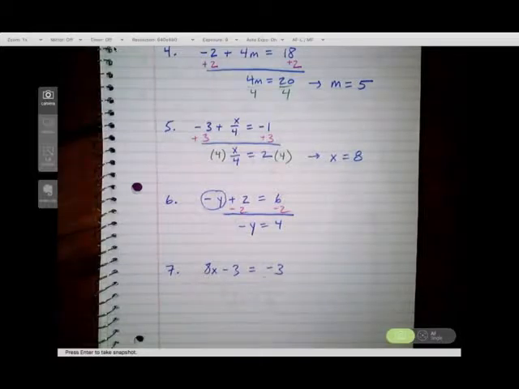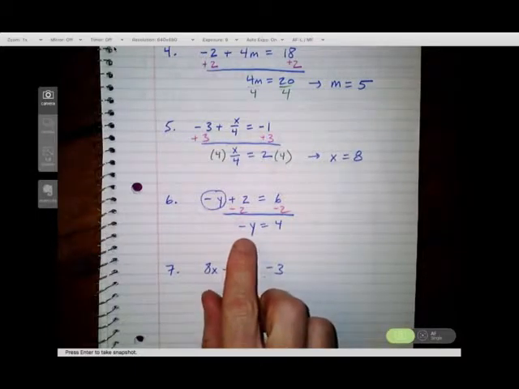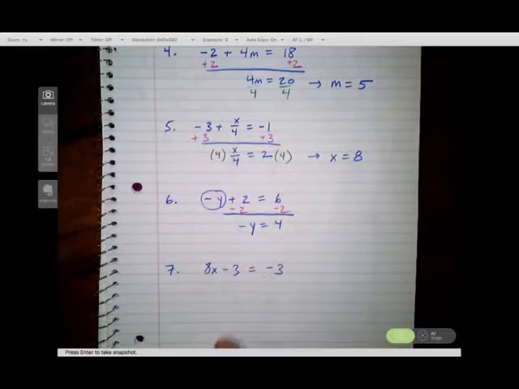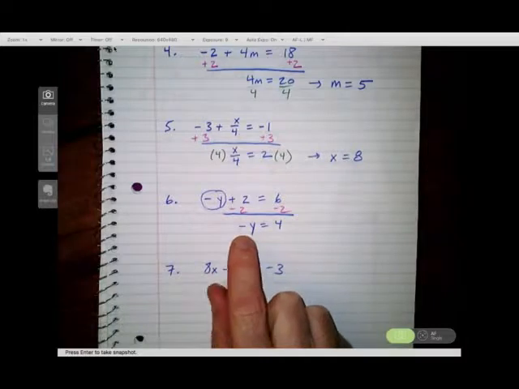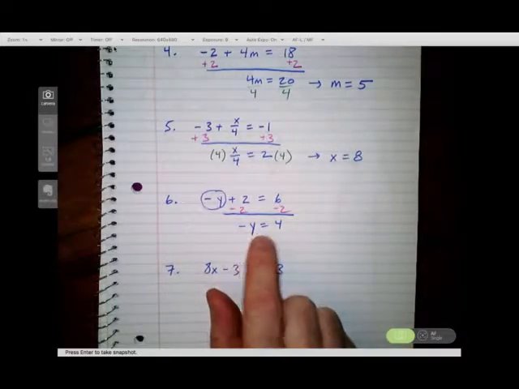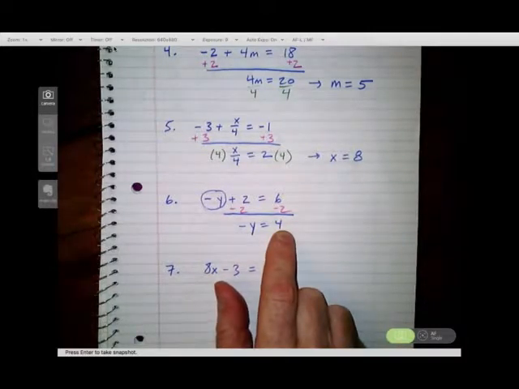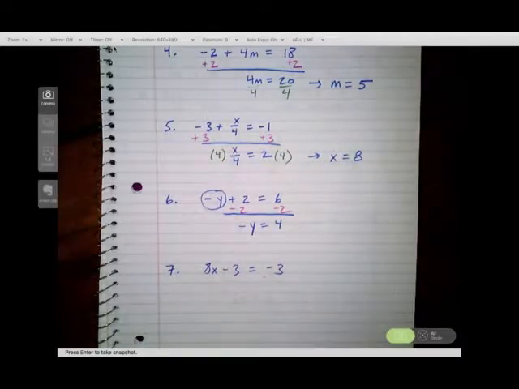And so I like to solve these, though, just by thinking about it rather than dividing. What the official step would be here, and I'll write that in a minute, is to divide by negative 1. But just think about it for a minute. If negative y is positive 4, what's positive y equal to?